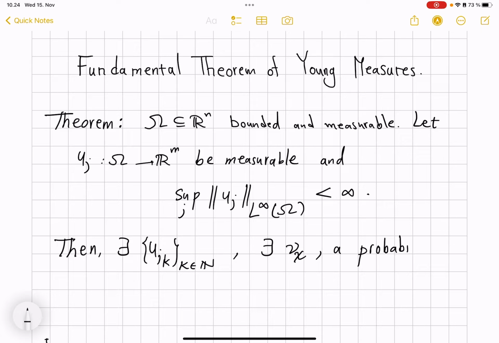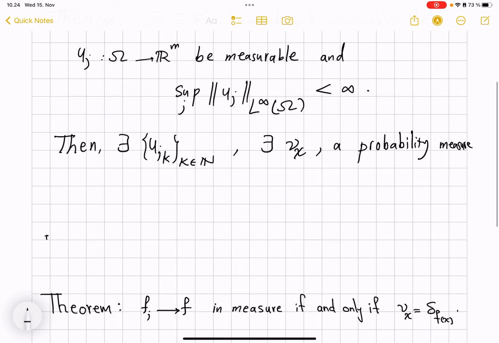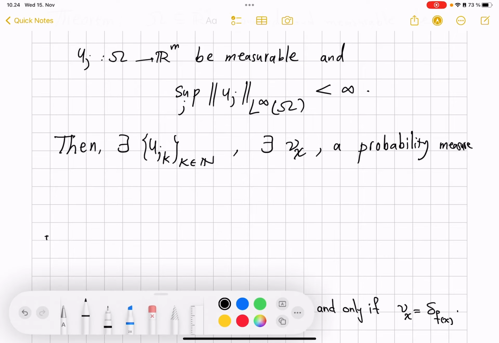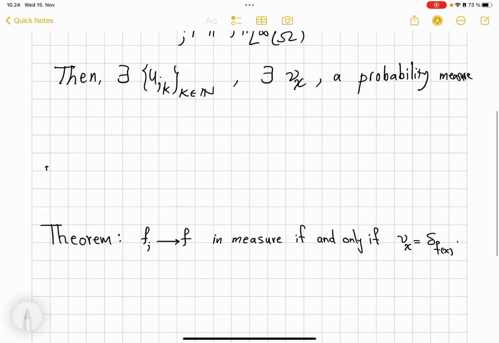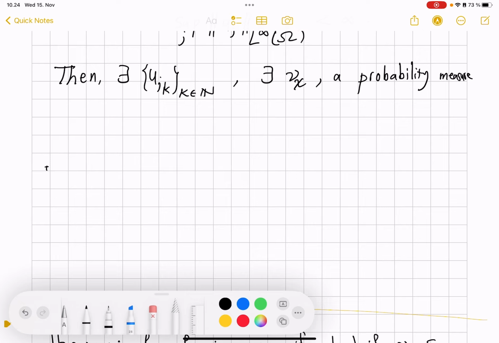So it's a Radon measure and the measure of all of R^m is equal to 1. This is why it's called a probability measure. It really doesn't have anything to do with probability. So it's a Radon measure with mass equal to 1, which is always doable after normalization. Okay, so to every x you associate a measure.